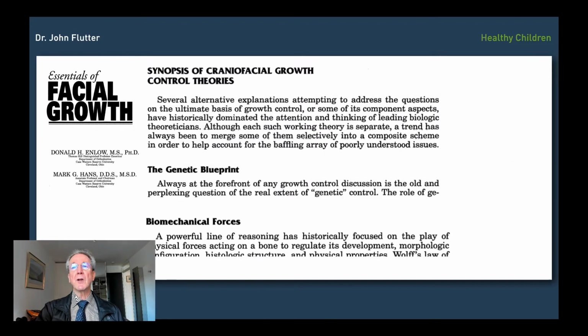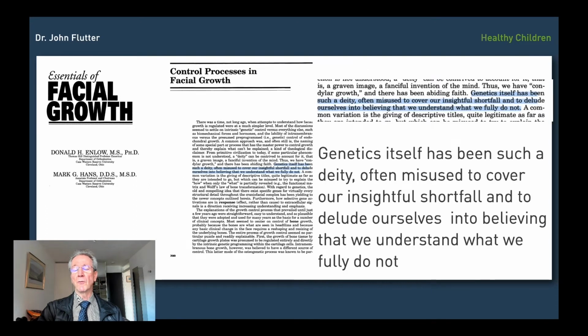And I think that's really important when it comes to trying to provide evidence to support the claims that Dr. Mew makes. And when we're talking about what the control theories are, it's not like this one idea. Enlow discusses the theories that do discuss cranial growth, and he talks about genetic blueprint, and then further on talks about biomechanical forces.